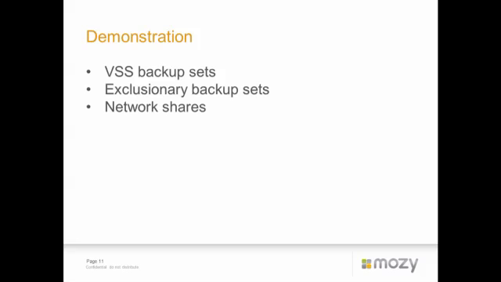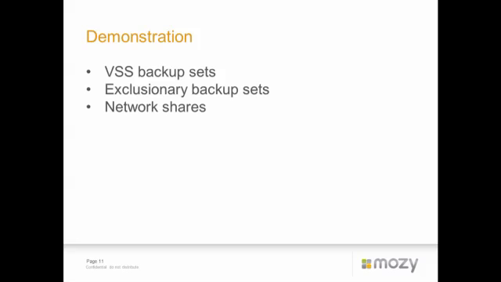So, first of all, let's look at what we're going to demonstrate today. I like to keep most of these webinars focused on the demonstration side, so we give just a quick song and dance to give you context, and then we will move into this demonstration phase where we will look at VSS backup sets. We're going to look at the exclusionary backup set, and then network shares.